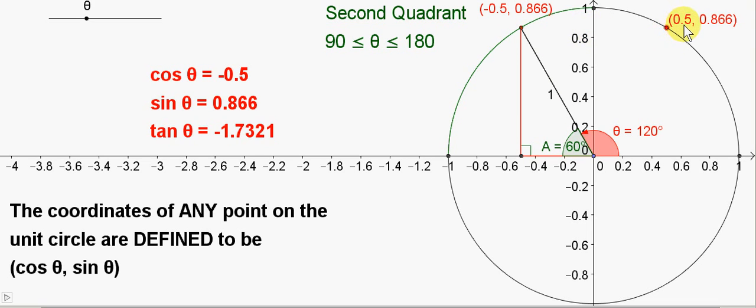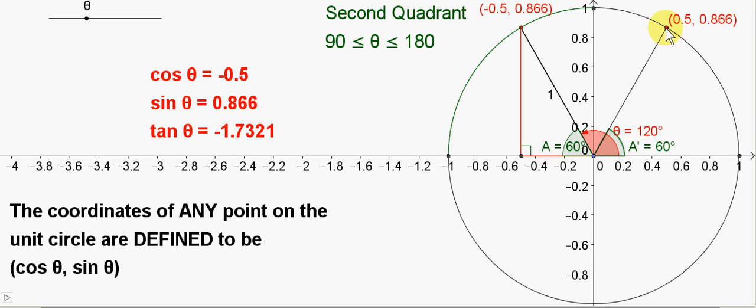We see that the point 0.5, 0.866 is the image of this point under axial symmetry in the y-axis. Of course, if we reflect angle A through the y-axis, we get the same angle out here, which I'm calling A prime. So this angle here is also 60 degrees, of course.